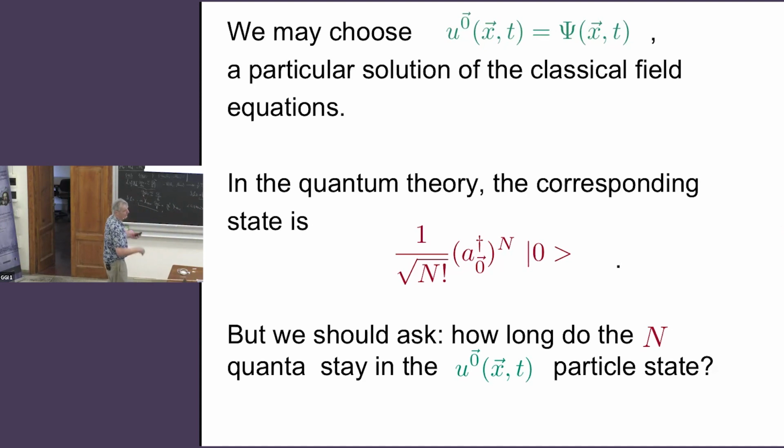Say all the quanta are in this one mode. And so this is here the wave function of the state of the dark matter. But for this to be actually a correct description, we should ask, do the quanta actually stay in this particular mode, in this particular state?